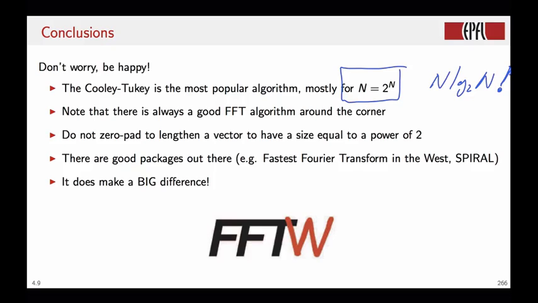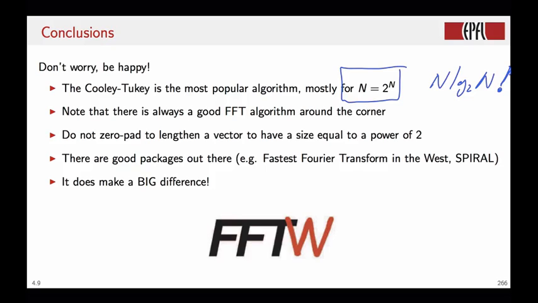This is something that people do, and it's a mistake because you add zeros when maybe there shouldn't be any zeros. You should just take the initial length and look at the packages that are out there, like, for example, the Fastest Fourier Transform in the West, FFTW, which has a whole series of routines and works very well.